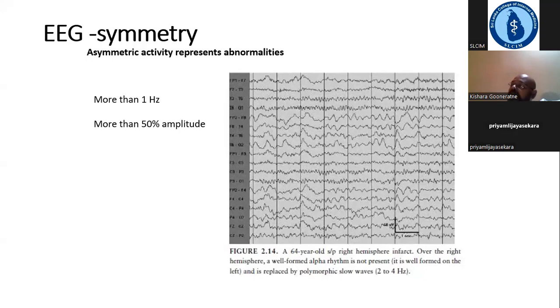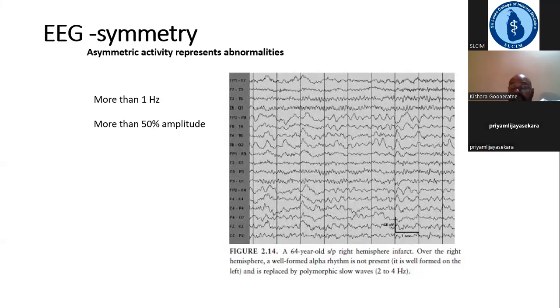If there are epileptiform discharges in a patient who's had a single seizure, that person will have a higher risk of recurrence, and therefore you will be justified in starting the patient on anti-seizure medication. So the EEG utility in that situation is to predict whether the patient is going to have another seizure or not.